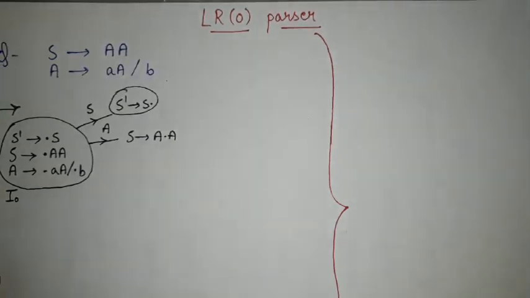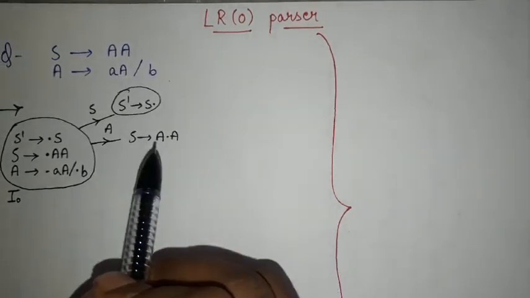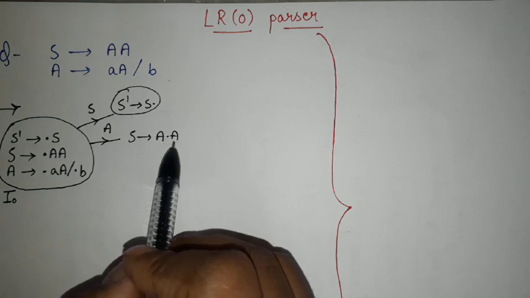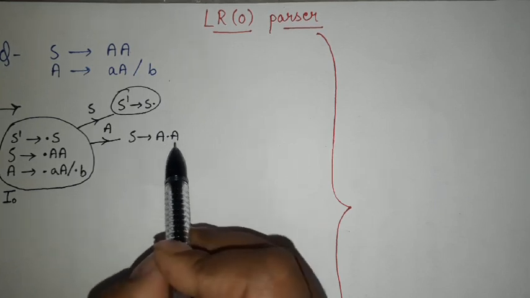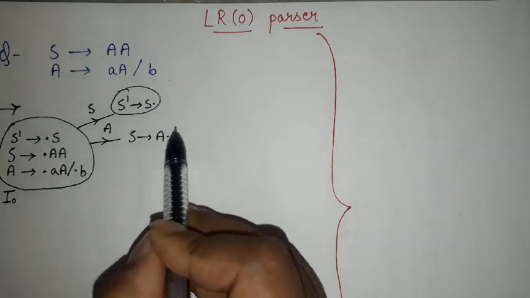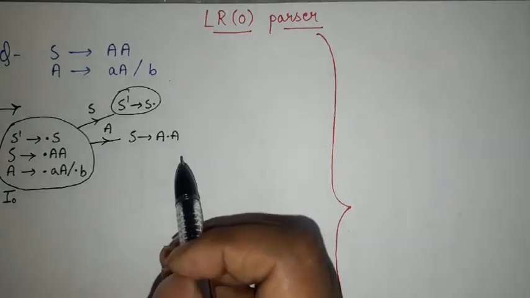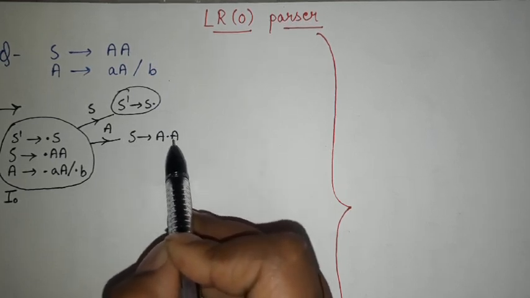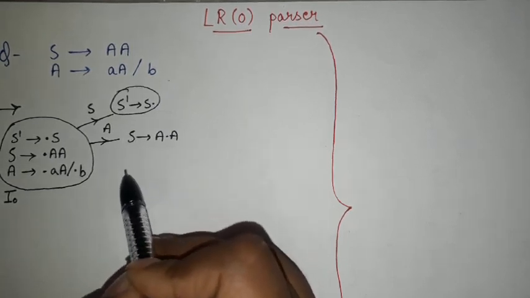Now one more rule is there. Whenever after dot I am having any variable, or any non-terminal, after this production I have to write that variable's productions also.